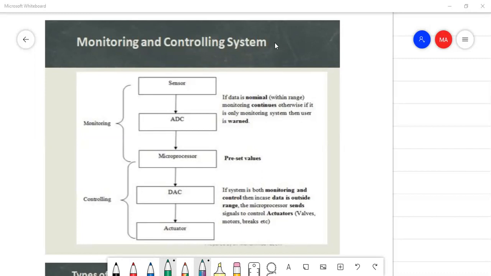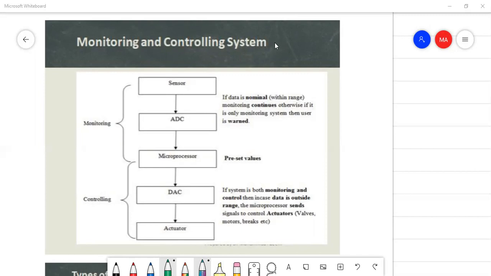If the received signal value is outside the range, greater than or lesser than the pre-stored value, then the microprocessor will give an instruction to the actuator device in order to control the system.